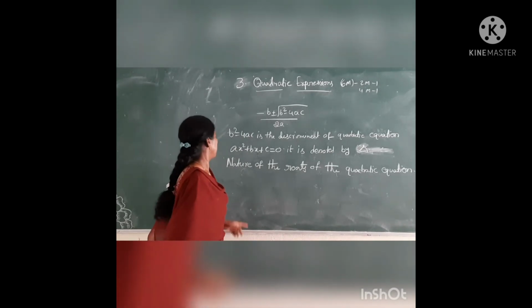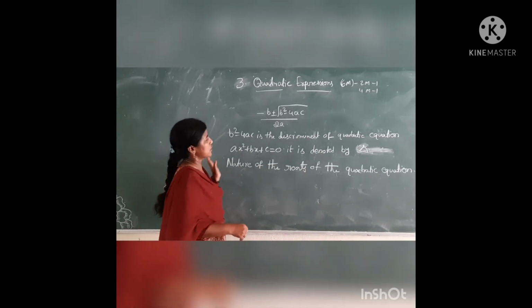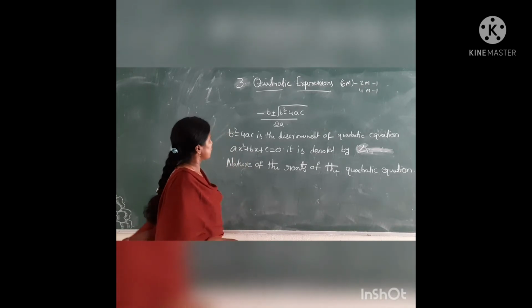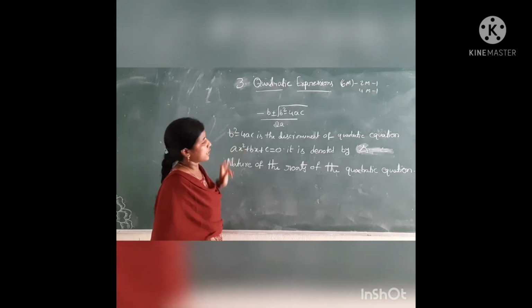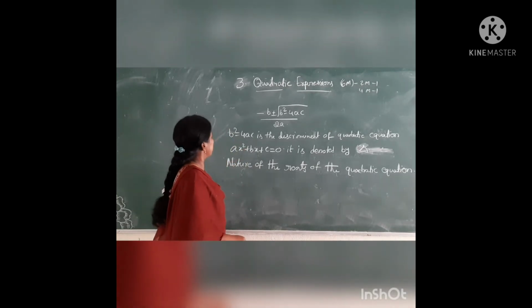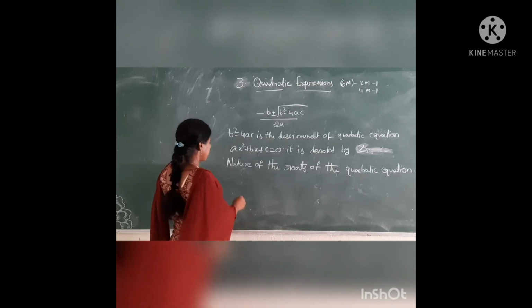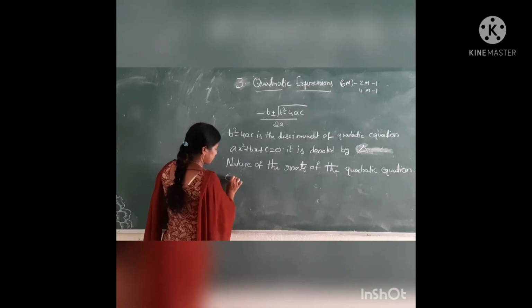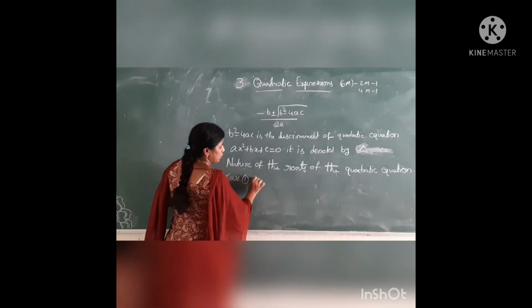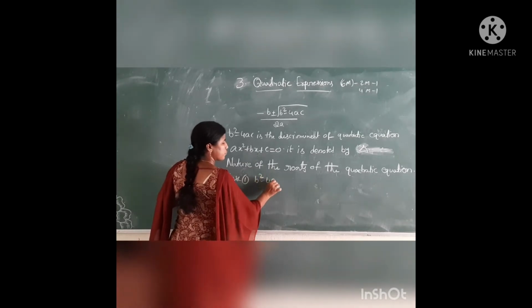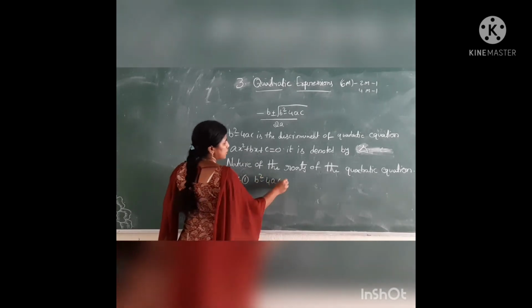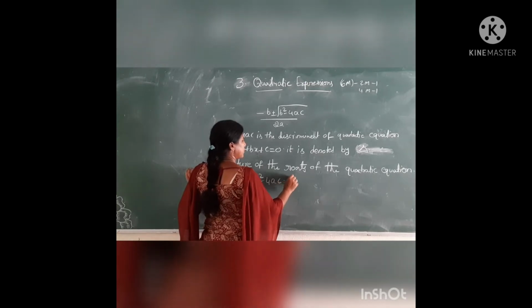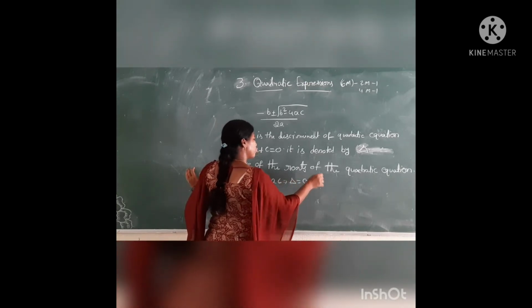Nature means b square minus 4ac, the discriminant. From this discriminant we get three conditions. That is the nature of the roots. Okay, see here case 1: b square minus 4ac, which is denoted by delta, is equal to 0.